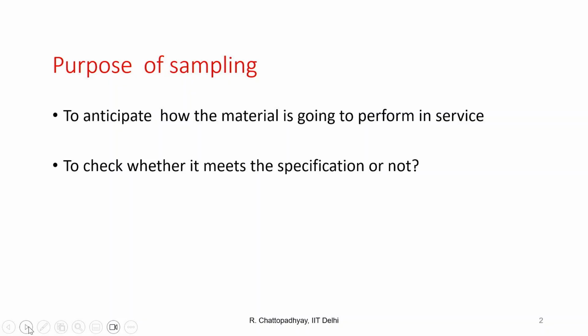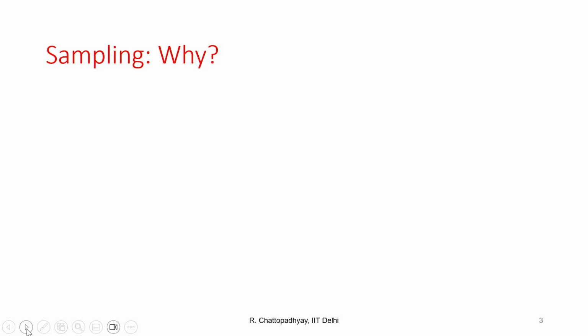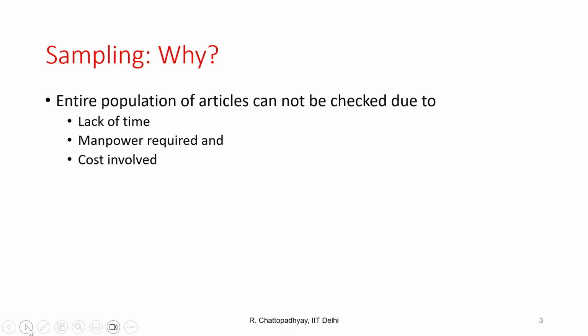So for all this, we have to go for a sampling technique, because the entire population of articles cannot be checked due to the following reasons. And the reasons are, one is lack of time.